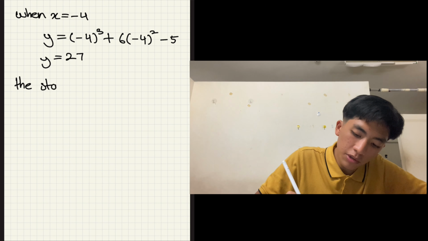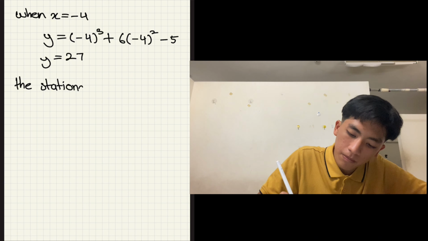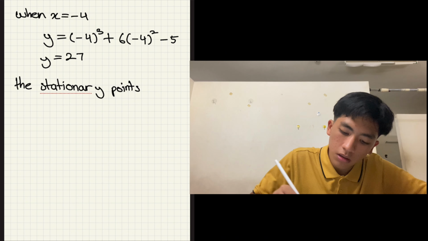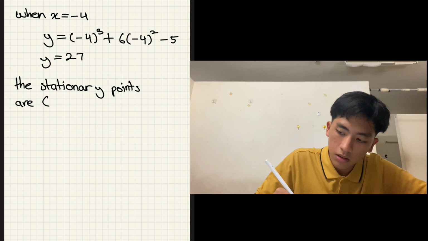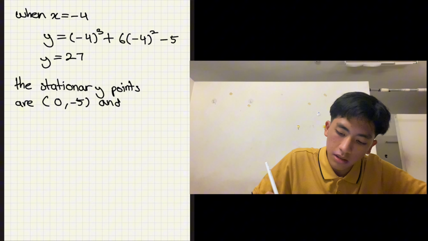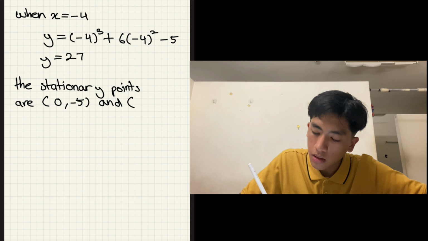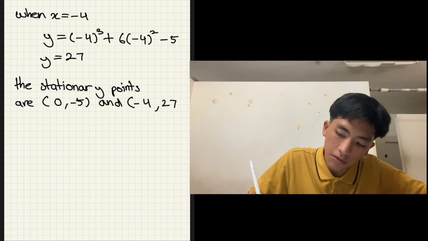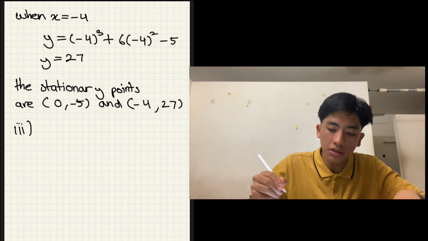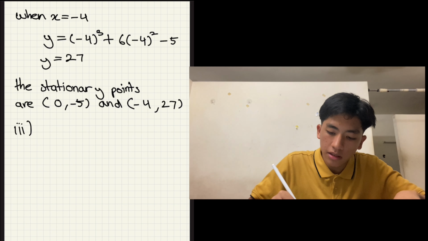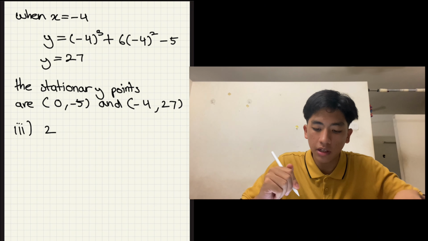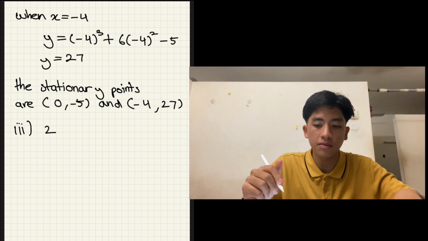The stationary points are (0, negative 5) and (negative 4, 27). So for part 3, based on part 2, we will be able to say that there are two stationary points, which are (0, negative 5) and (negative 4, 27).